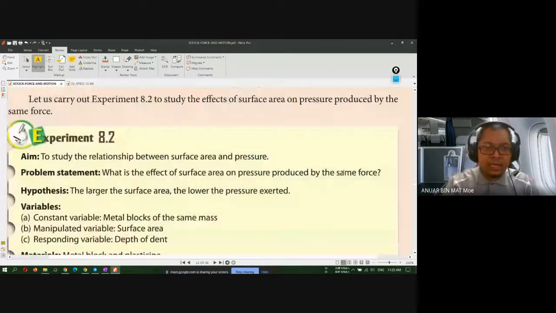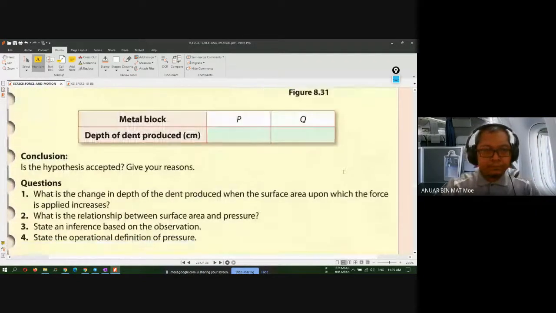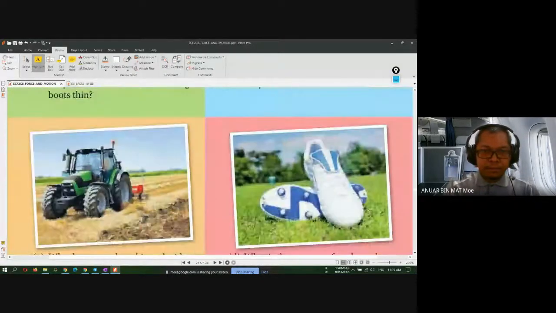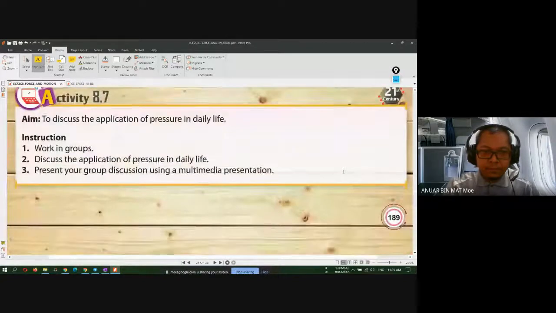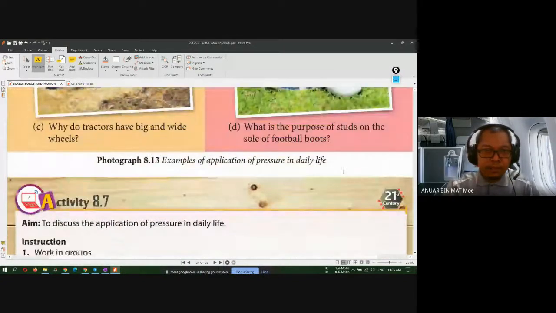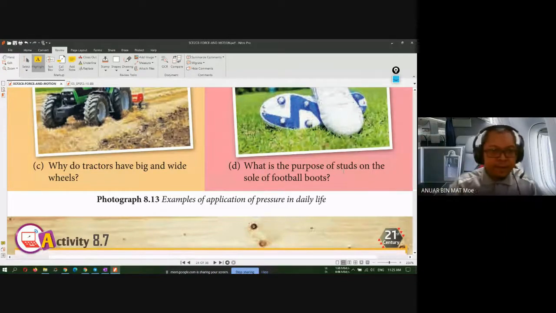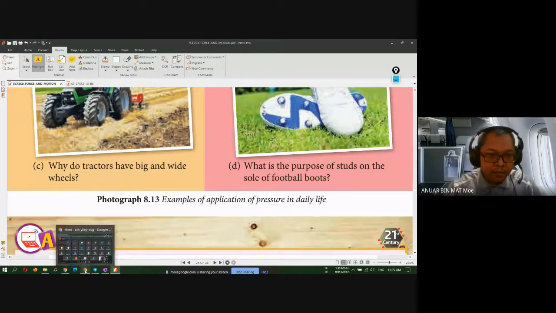Okay, never mind. So actually there is an experiment. It's very hard to do without the experiment. Okay, never mind. Where is the question?